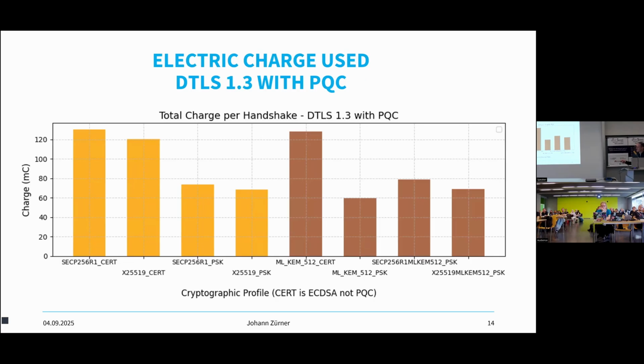Now, so we've just looked at the duration of a handshake, but there's also the power consumption of handshakes. It's around the 120 millicoulomb mark for those DTLS 1.3 key shares, and those are the post-quantum ones.